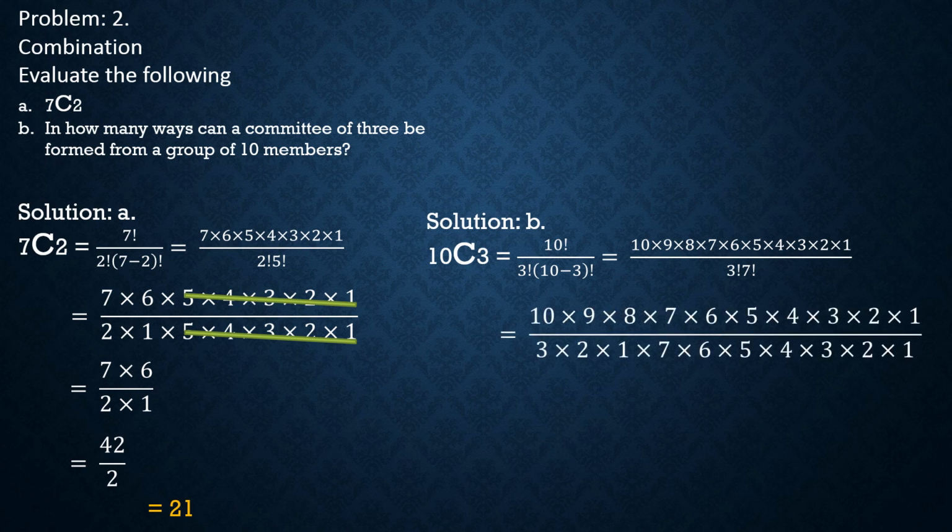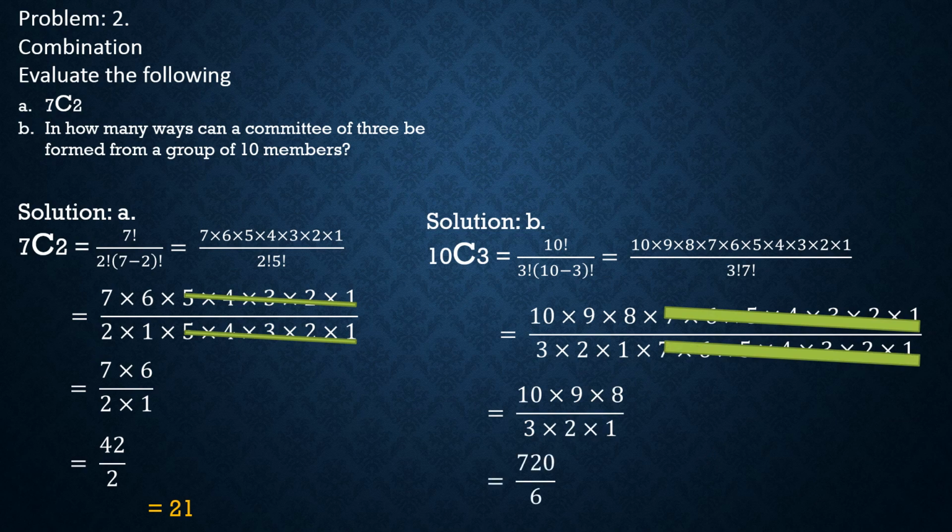Okay, simplifying, from the denominator part we have 3 times 2 times 1, then times 7 until times 1. So we can cancel out 7 times 6 times 5 until 1 from the numerator and denominator. That leaves us 10 times 9 times 8 over 3 times 2 times 1.